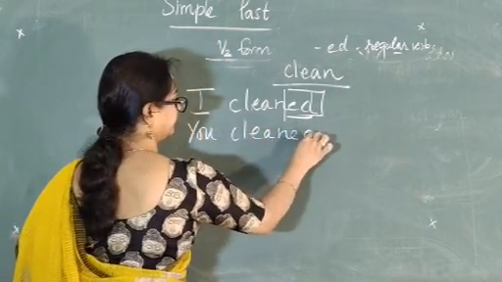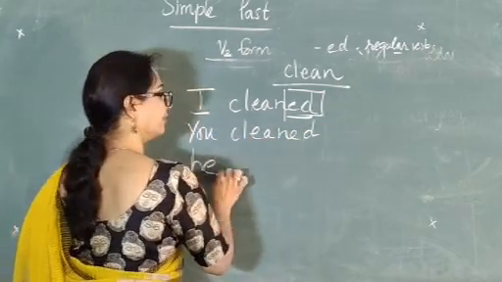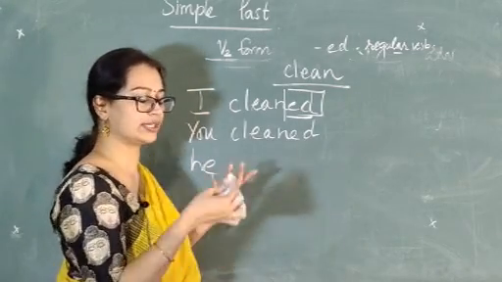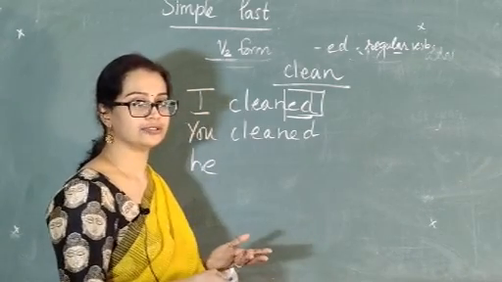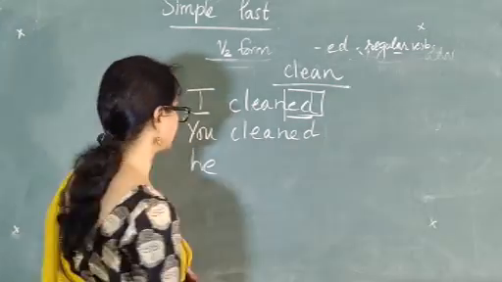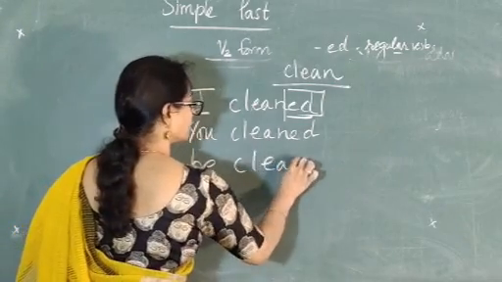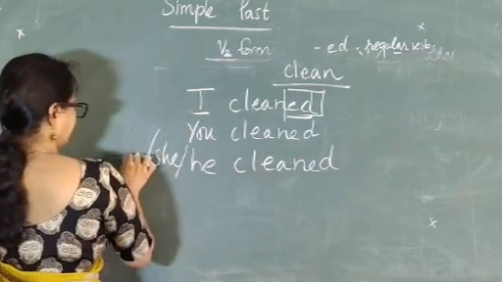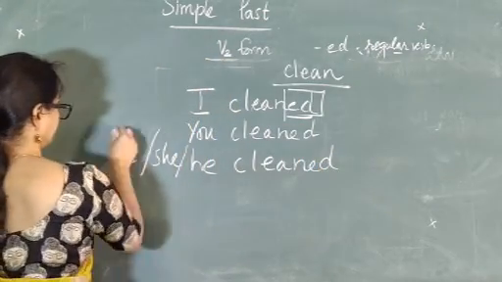You cleaned. Then he. It's very simple because everywhere using the past tense, that's why I told you it's the most powerful form of the verb. And it is not at all complicated. He cleaned, there is no change in it, everywhere it is the same. She cleaned, it cleaned.